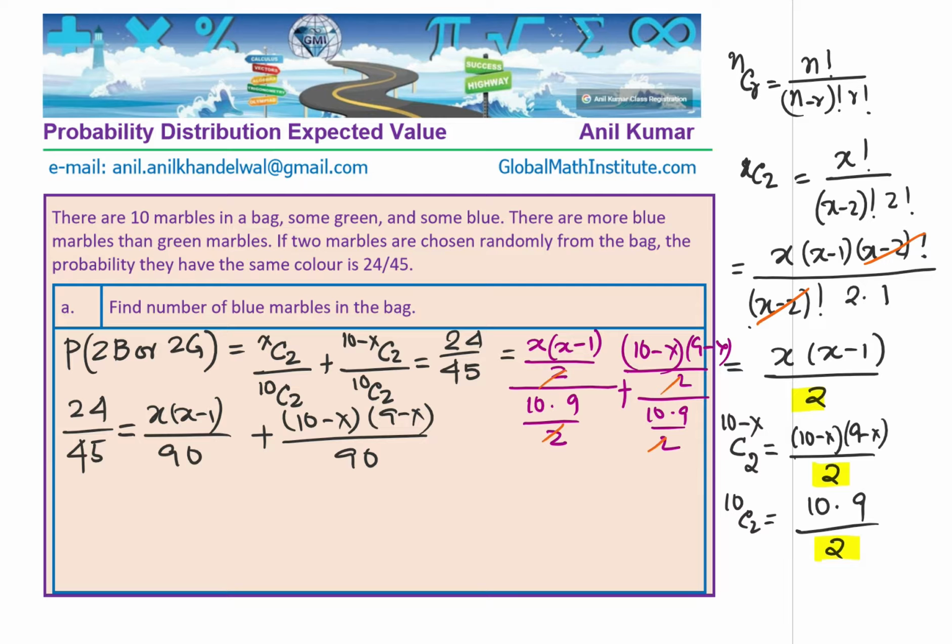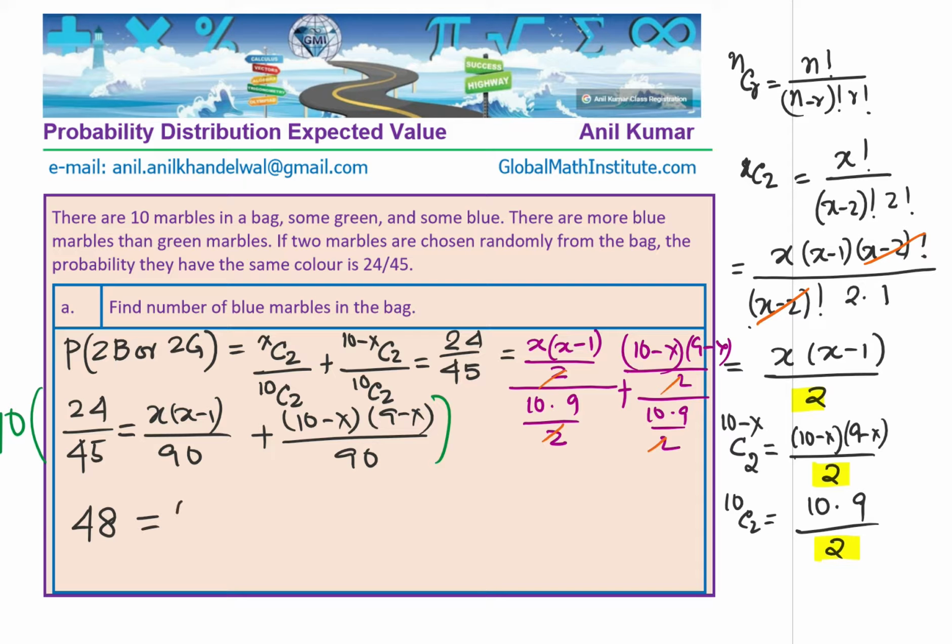Now we can multiply all the terms by 90. So if I do that, I get 24 times 90 over 45. Is that okay? And here also, I am getting everything multiplied by 90. When you do that, 45 goes 2 times into 90, and therefore we get here 48, right?